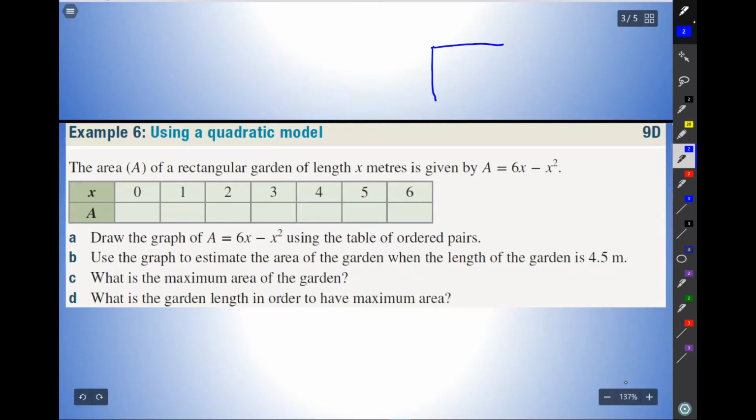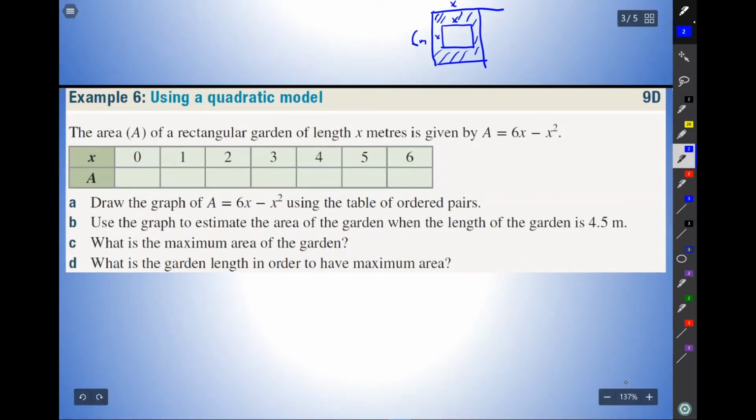It'll look something like this, and this will be 6 meters, and then this will be x, x, x. I haven't drawn that well, but it'll look something like that. It'll be a rectangular garden with a square in the middle, and the garden is like here. And we're going to figure out the area of the garden using this quadratic formula.